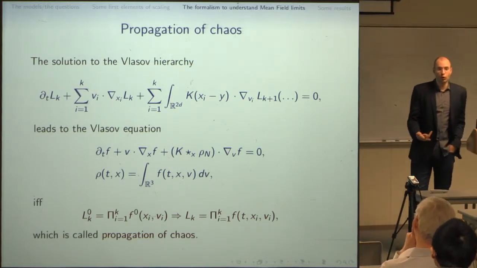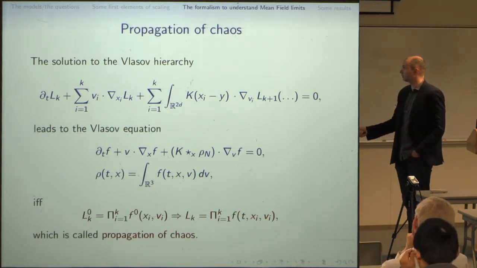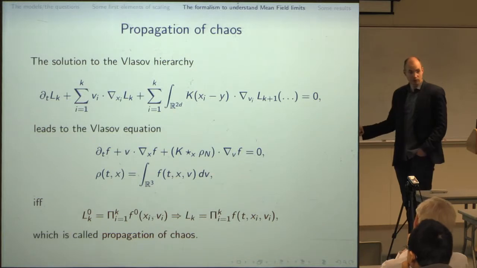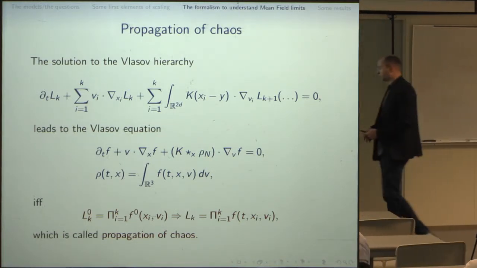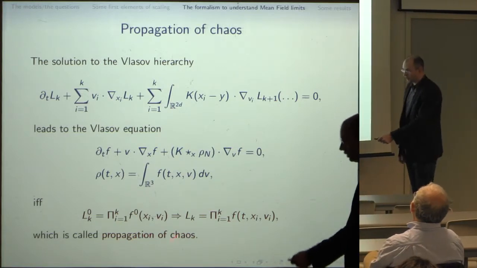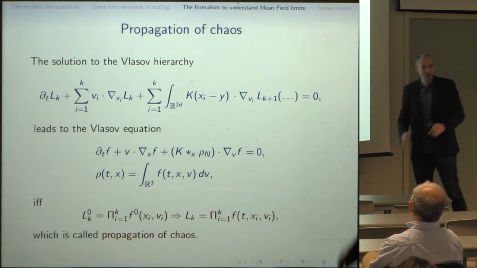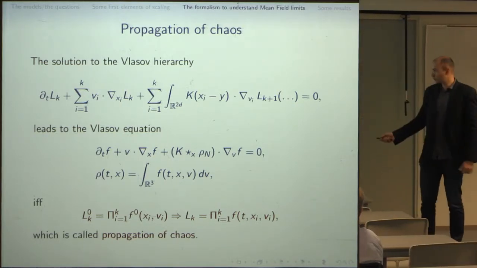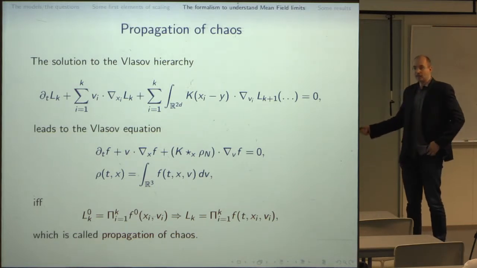So this is what we are hoping for: to have solutions here that can be expressed under that form. This property is called propagation of chaos. And more precisely, propagation of chaos means that if initially my choice of positions and velocities were independent, this is the joint law, so the fact that it's a product is independence, then at the limit it will remain independent.